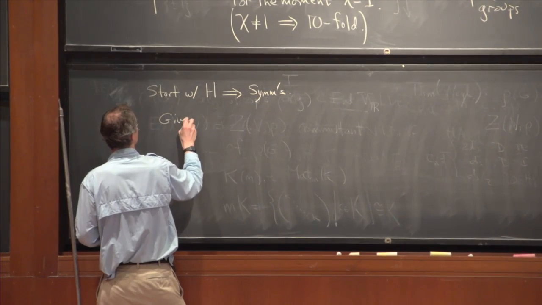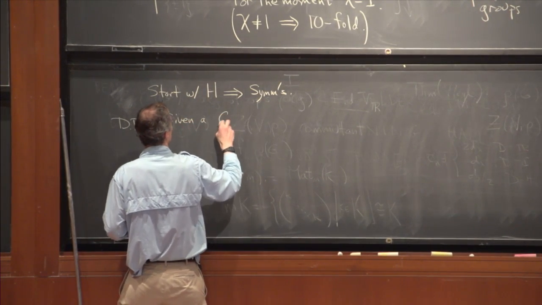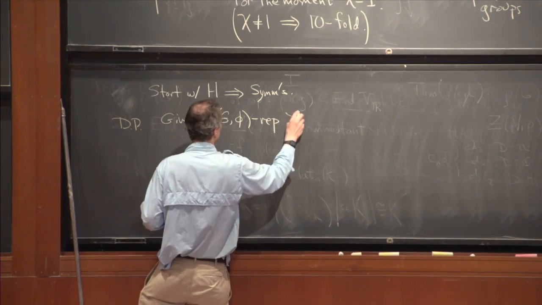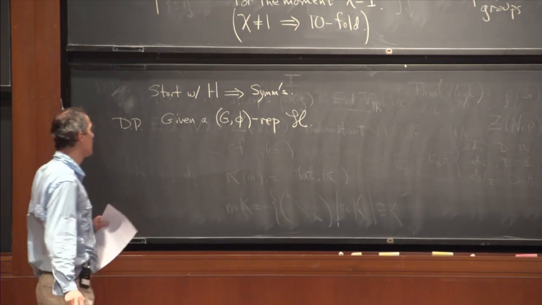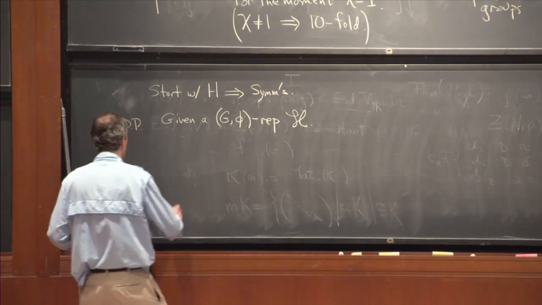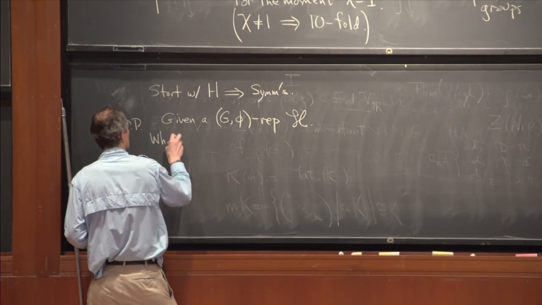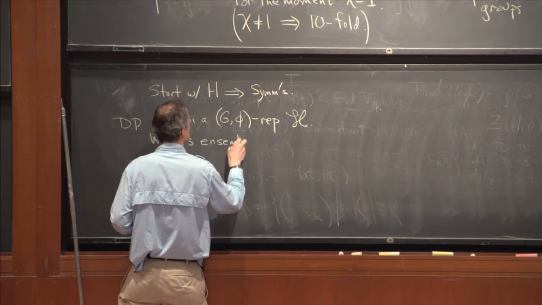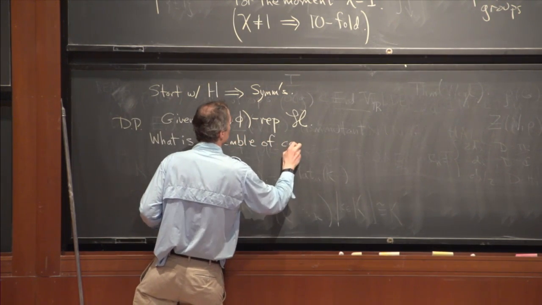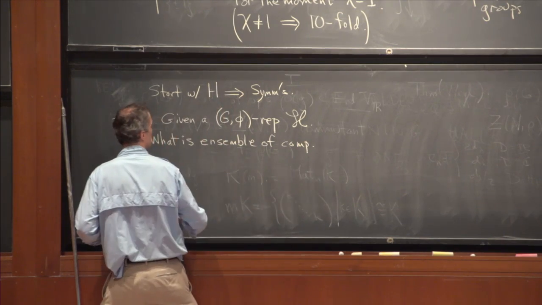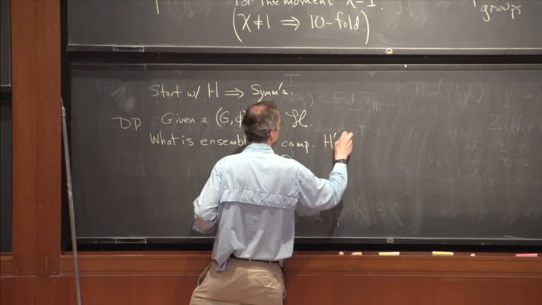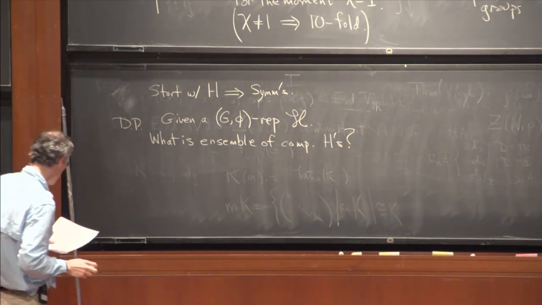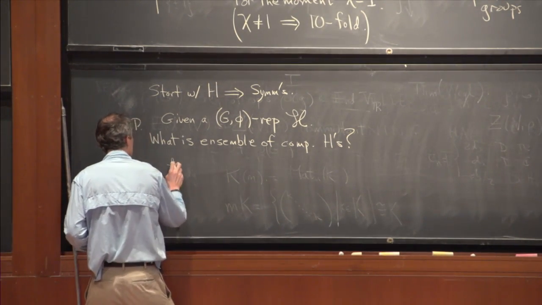Given a G phi representation, not necessarily irreducible, just a G phi representation H, what is the ensemble of compatible Hamiltonians? As I said, we're all set up to solve this.